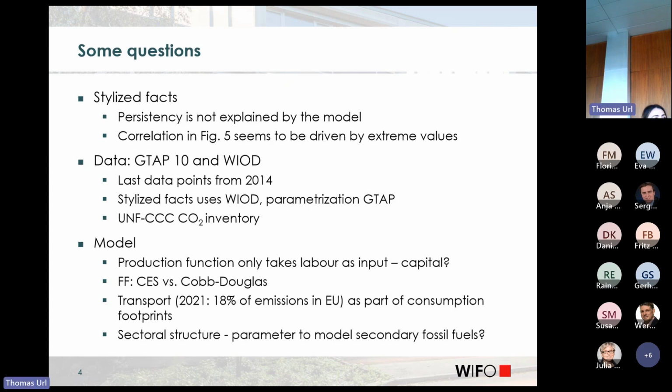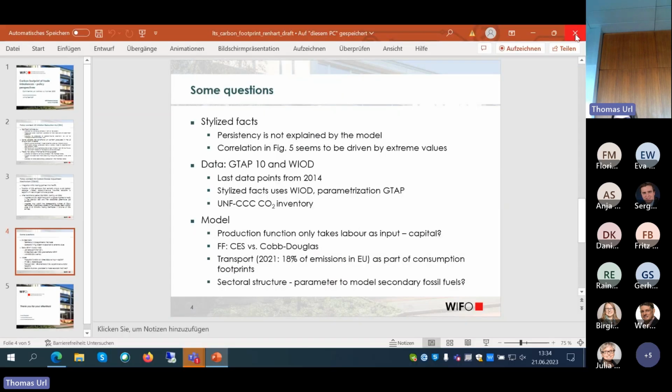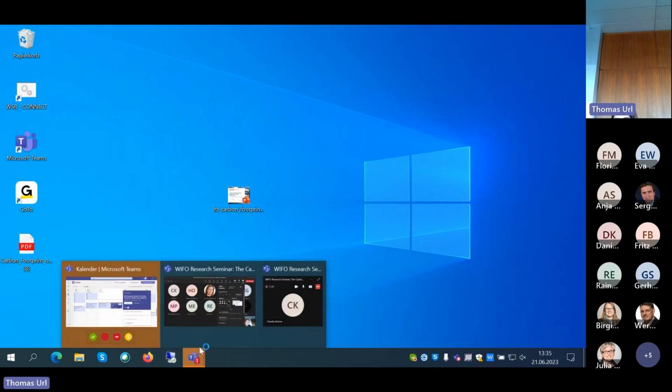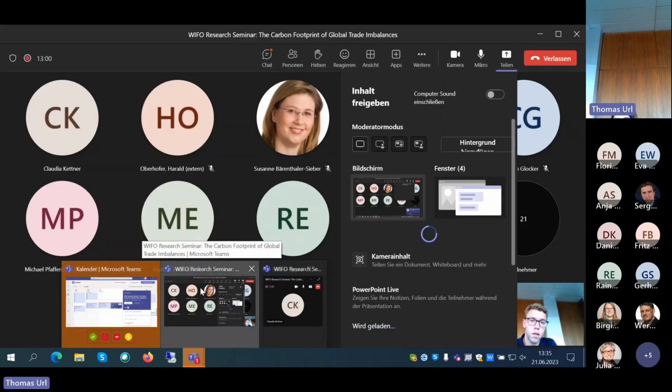We have natural resources as a production factor for the primary fossil fuels, and this natural resource is modeled in an extremely standardized way. Each country is endowed with natural resources, and there's no cost associated with using them or digging them out. We do not have decreasing or increasing marginal costs and so on.